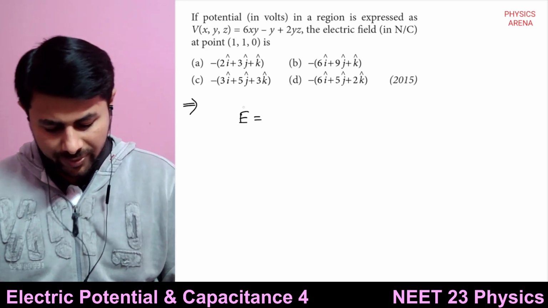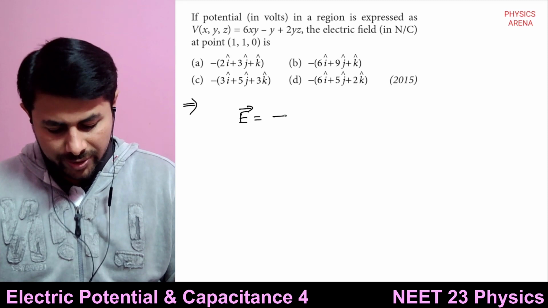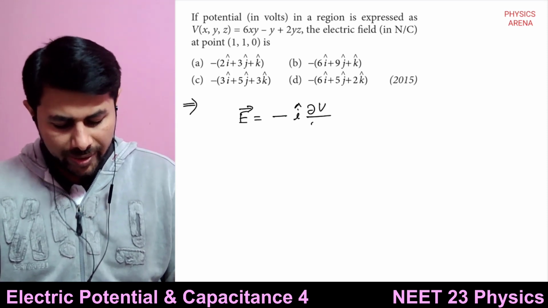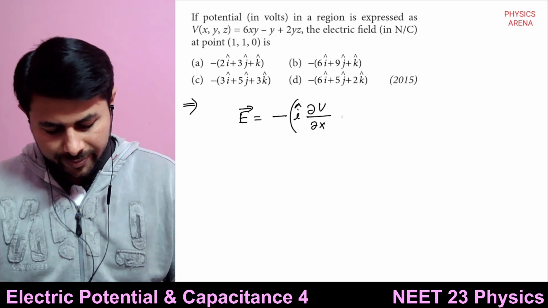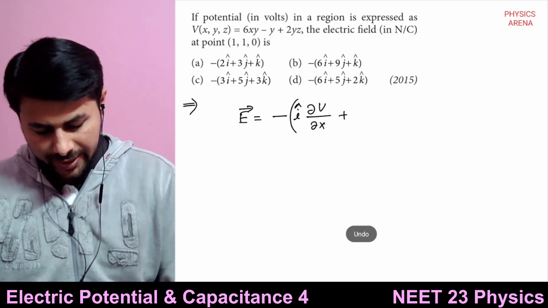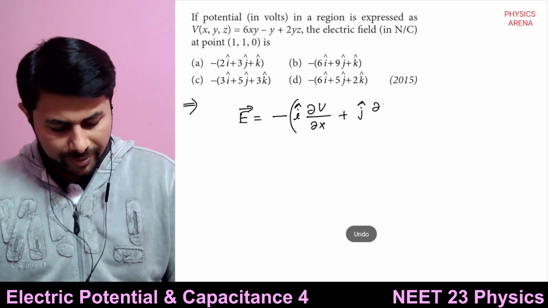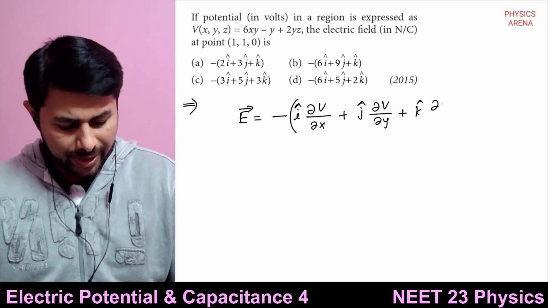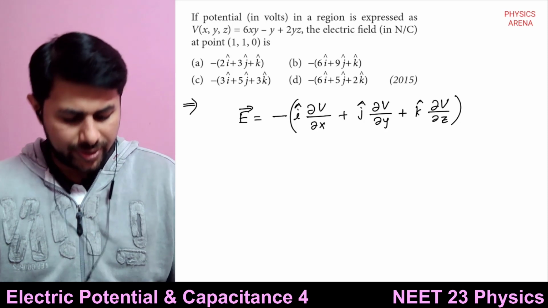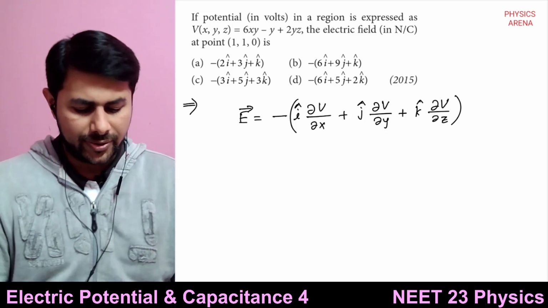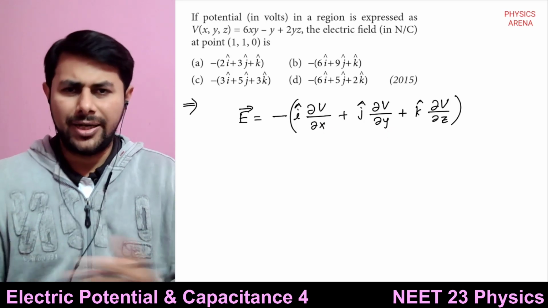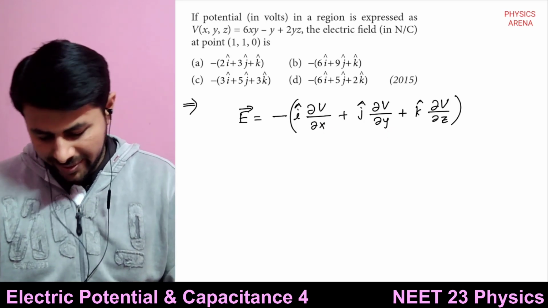You need not write the formula. So E bar is equal to minus of i cap multiplied by dou V by dou x plus j cap multiplied by dou V by dou y plus k cap multiplied by dou V by dou z. Okay, negative of the gradient of potential, right?